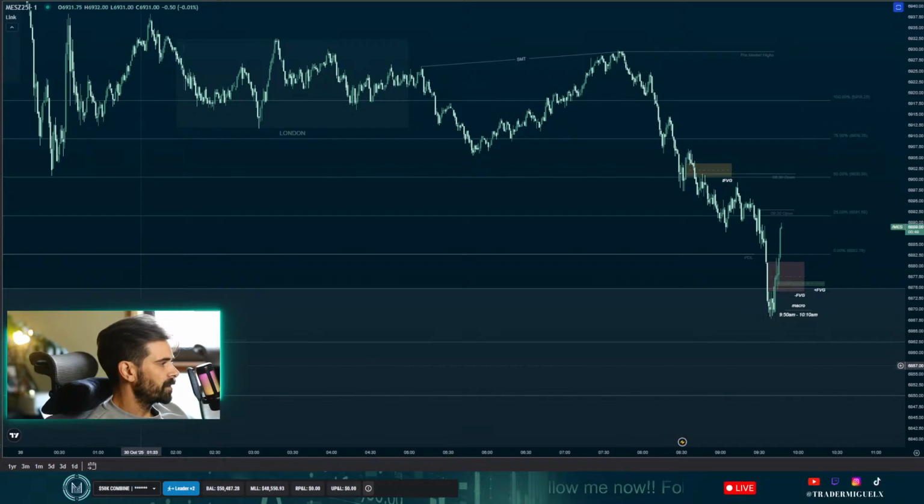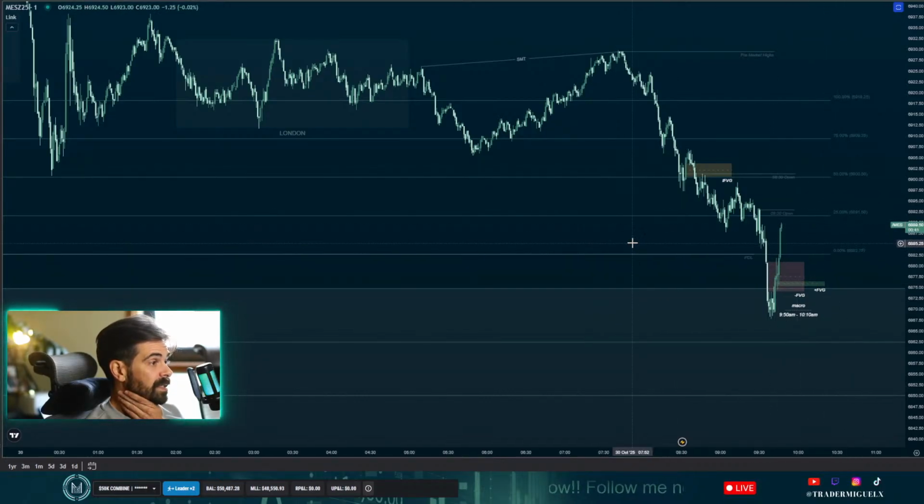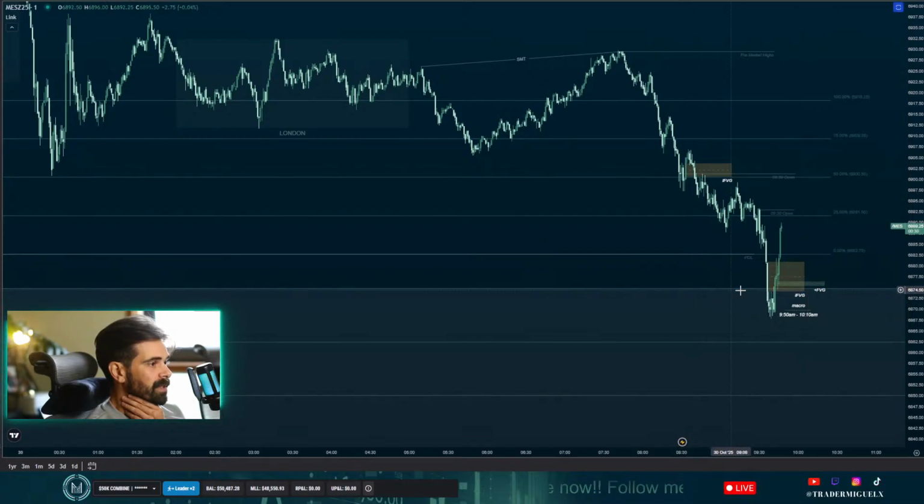Really heavy reaction here. So for those who longed this already, this might work as a turtle soup. This was not enough for me, honestly, to get into. It's just an inverted fair value gap.